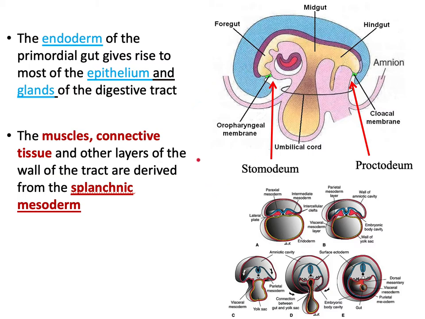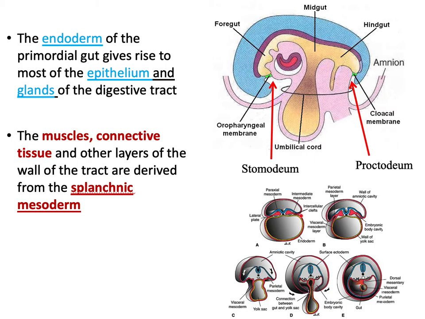I think if you watched that lecture, you would see that the trilaminar embryonic disc starts to differentiate, and you have three layers: ectoderm, mesoderm, and endoderm. And I think you remember that the lateral plate of mesoderm divided into parietal mesoderm and visceral mesoderm.